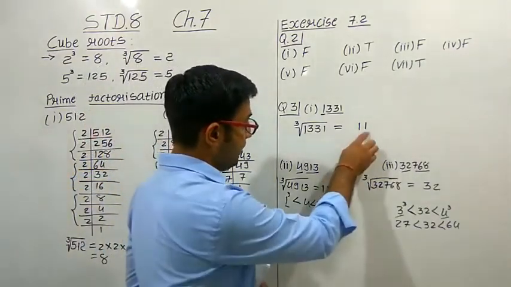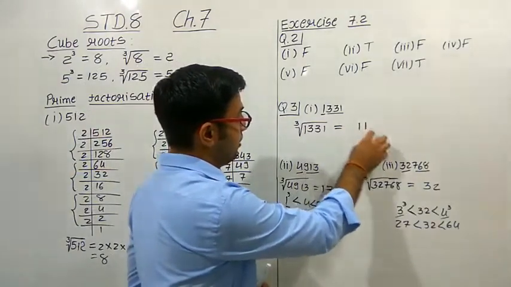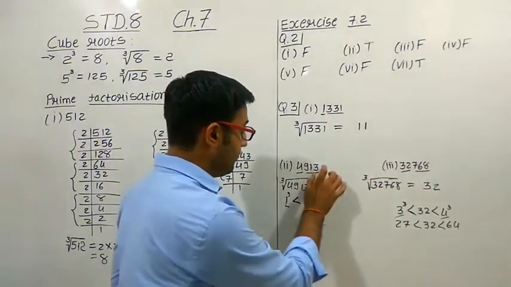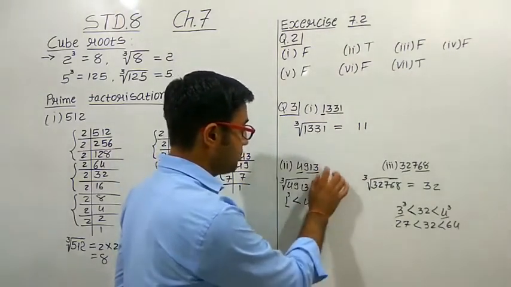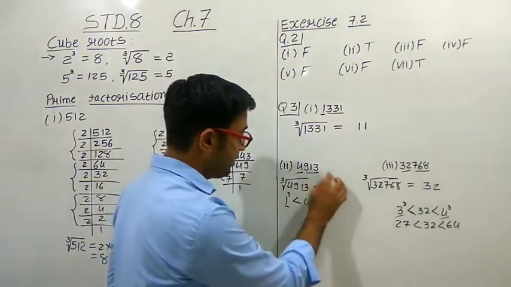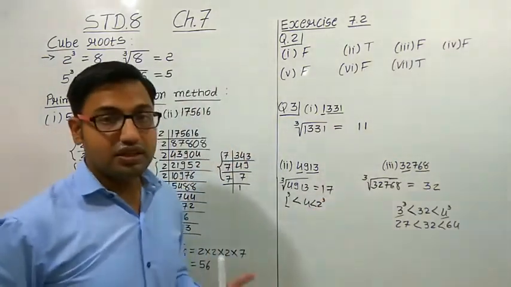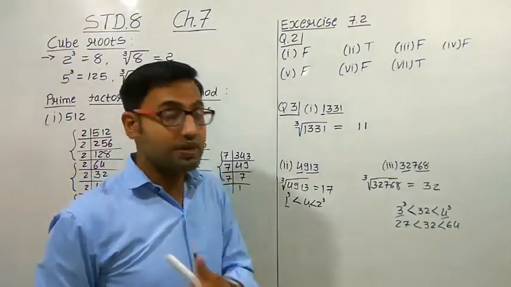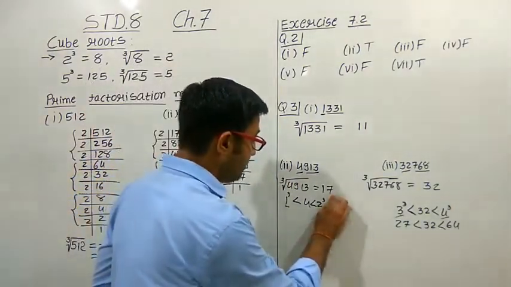Here we get 1, because 1 cube is 1. Here we can put 7, because the cube of 7 is 343, and 3 is at the unit place. That is why we put 7.